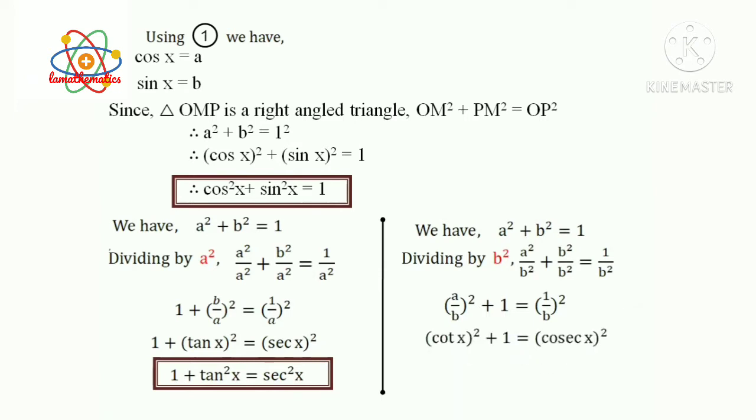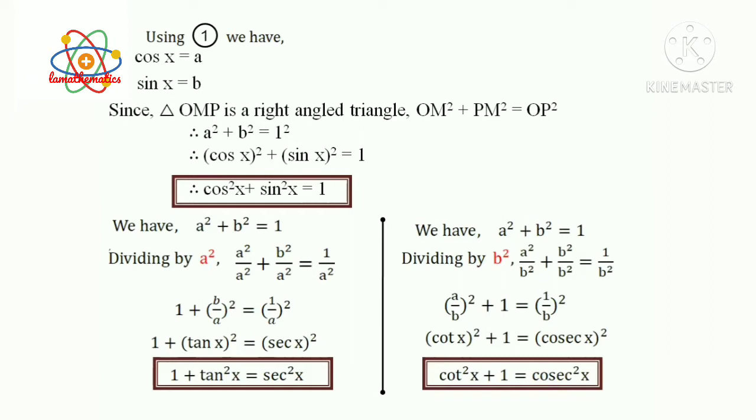We have a by b equal to cot x and 1 by b equal to cosec x. Therefore, (cot x) all square plus 1 equal to (cosec x) all square. By notation, (cot x) all square is cot square x and (cosec x) all square is cosec square x. Therefore, we can conclude that cot square x plus 1 equal to cosec square x.